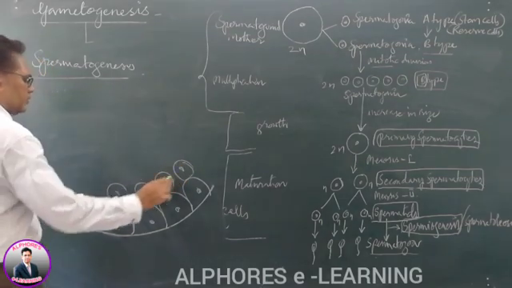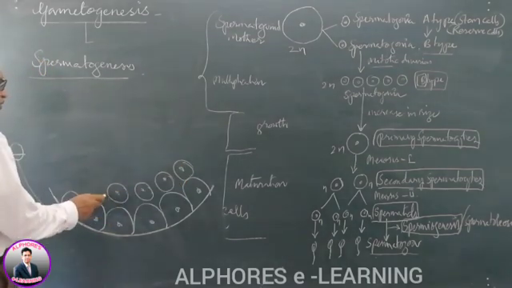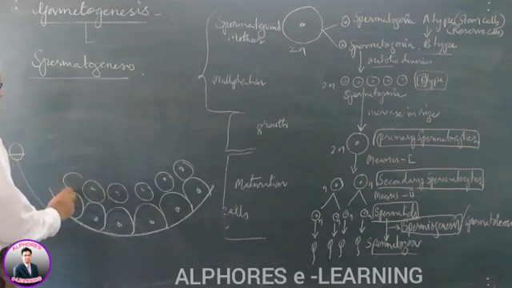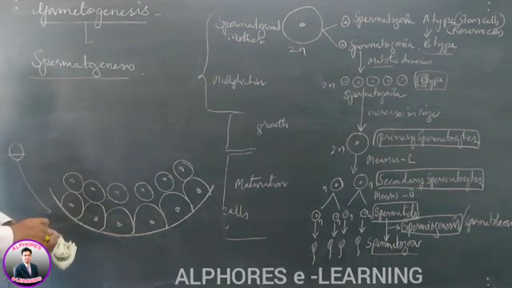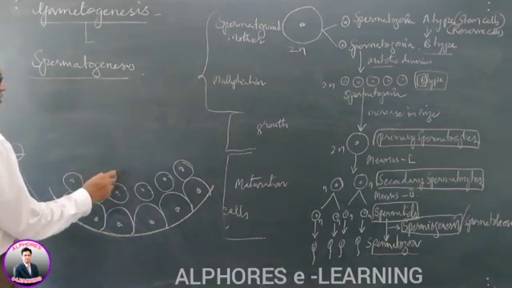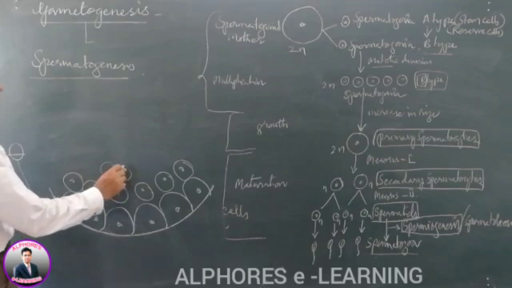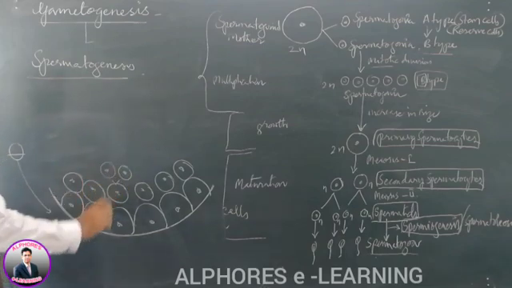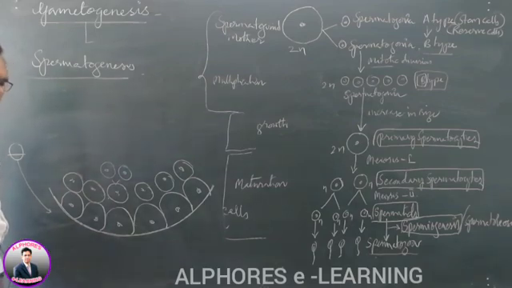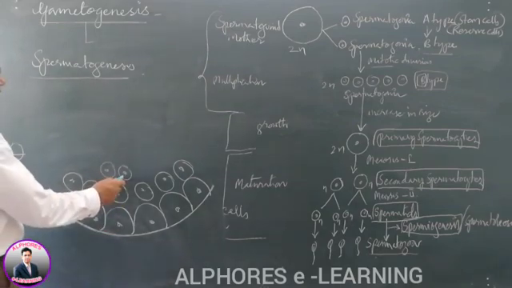Now these spermatogonia differentiate into primary spermatocytes. Each one gives rise to primary spermatocytes. These primary spermatocytes are diploid.